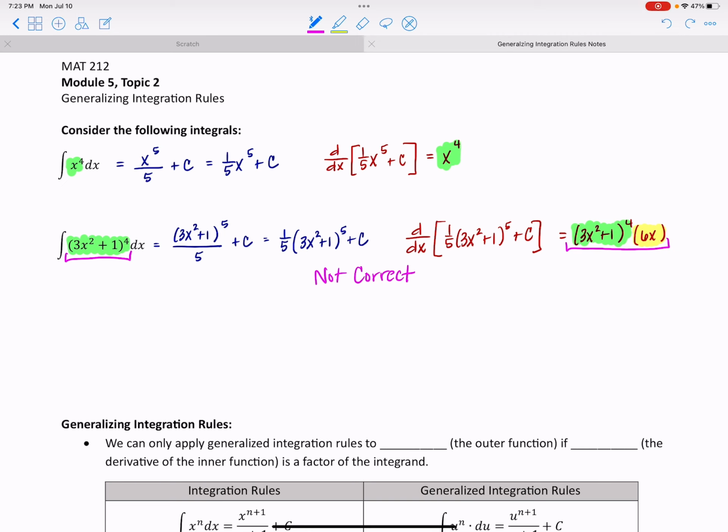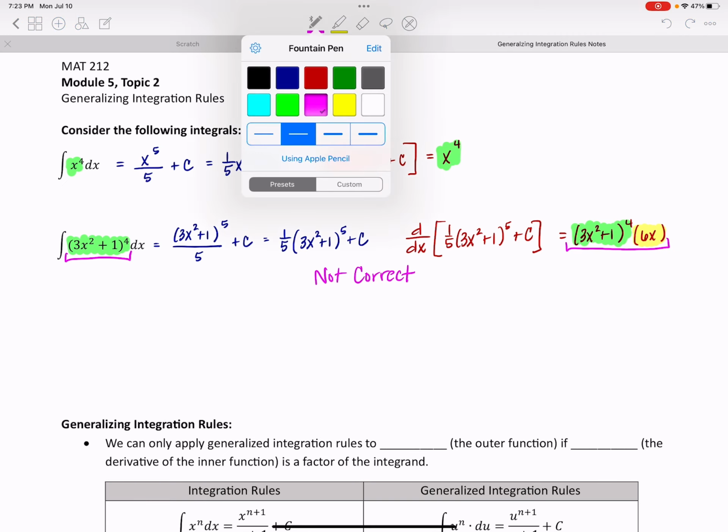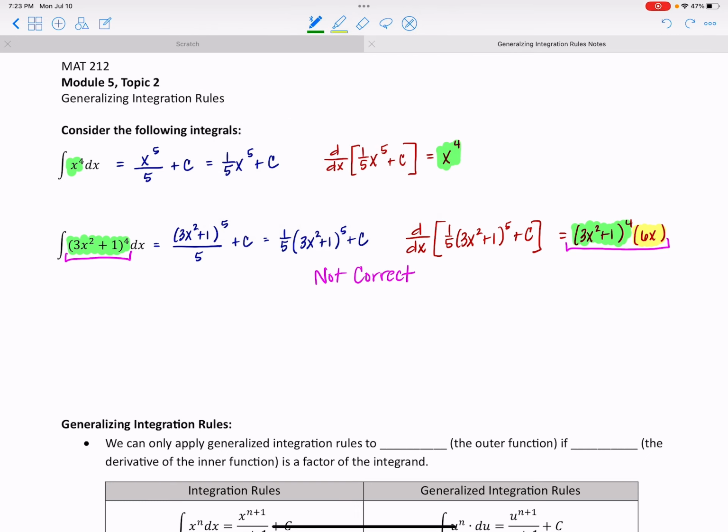So if I wanted to integrate something other than just an x to the fourth, something like, let's say, u to the fourth power, anything other than x, the only way for me to do this is if the derivative of that something, du, is a factor of that integrand. Now when I go to integrate, I'm still using my power rule.